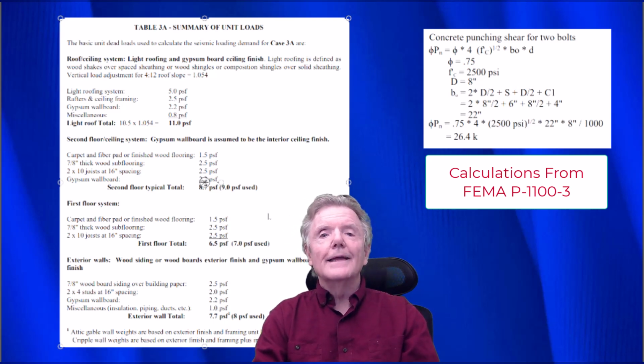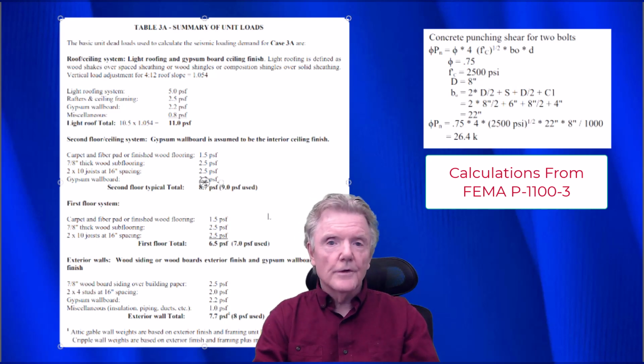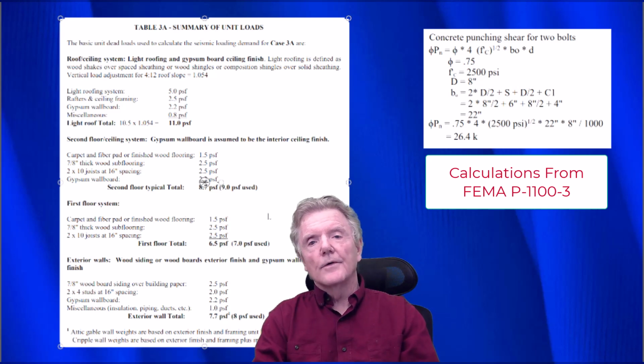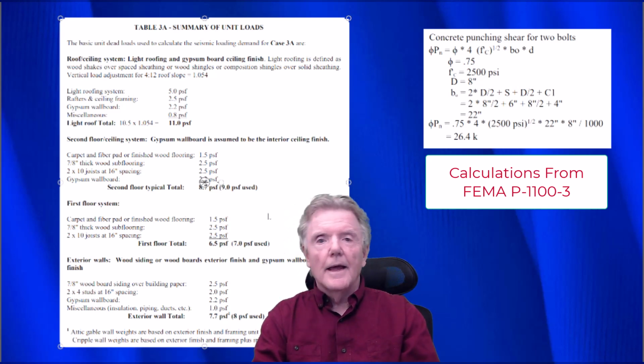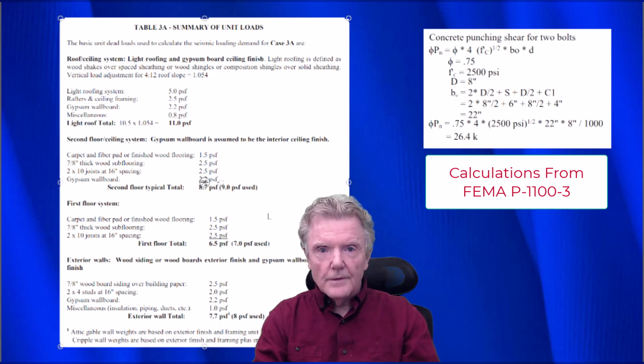Now, from an engineering point of view, in other words, the engineers, when they were putting FEMA P-1100 together, they're just assuming that these houses have zero earthquake resistance. So they look at the house that they would want to retrofit, and they figure out how much force it's going to be, and then they figure there's absolutely nothing there.